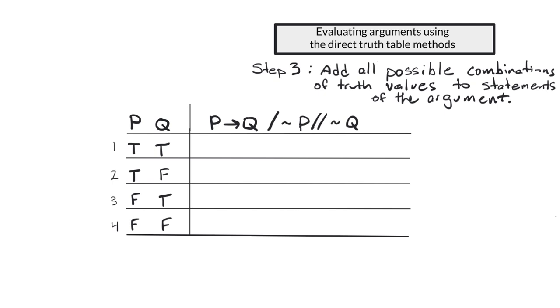So remember, this is premise one, tilde P is premise two, and then tilde Q is our conclusion. Just reminding ourselves of what the argument actually is and what the statements of the argument entail. So, like I said before, I like to work with each statement of the argument one by one. So I go premise one, row 1, 2, 3, 4. So let's fill that in, this is a conditional statement.